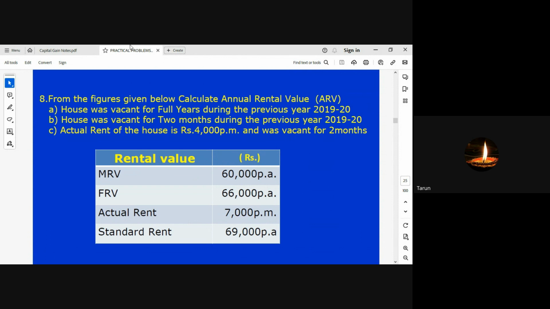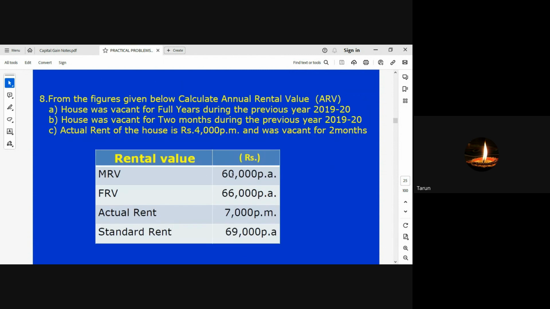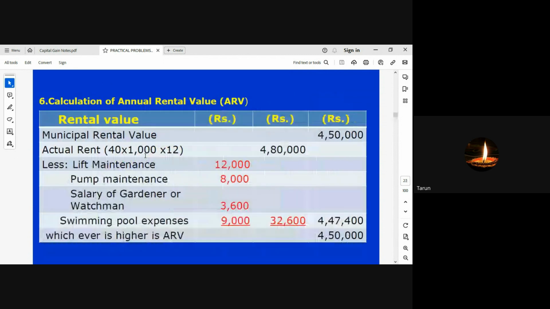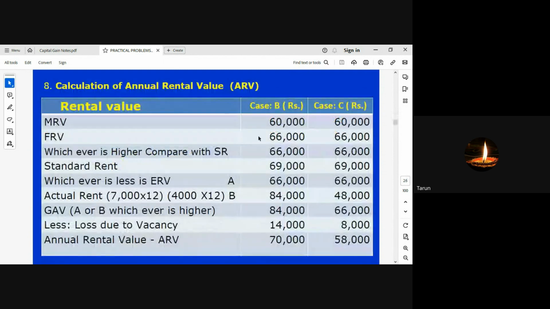Whenever the question gives a value per month, that is P.M., you have to convert that monthly amount into annual. So in case B and case C, MRV is 60,000.